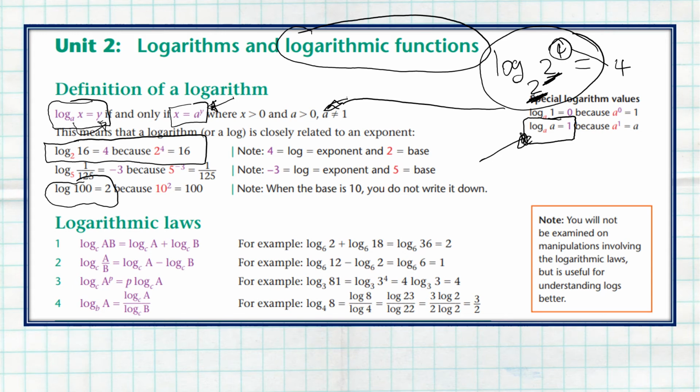So for example, look at this. We have log base 3 of 81. I can write 81 as 3 exponent 4. So I can pull this 4 down according to rule number 3, because I have a log there. So it will be 4 log base 3 of 3.